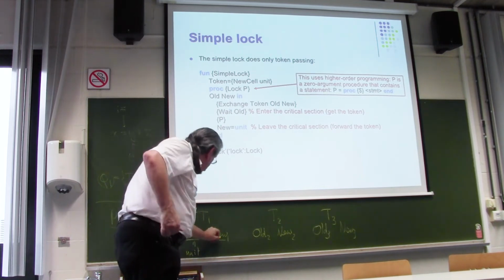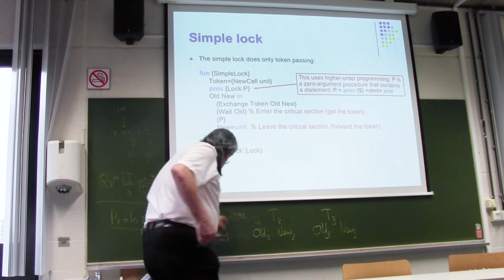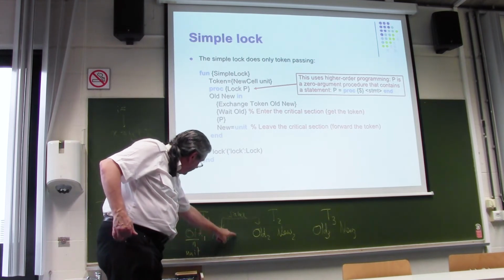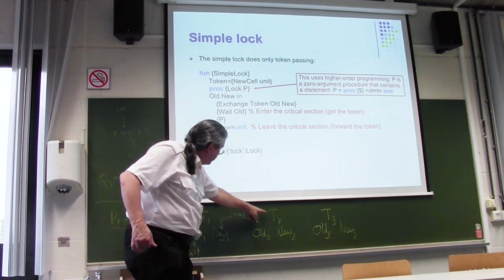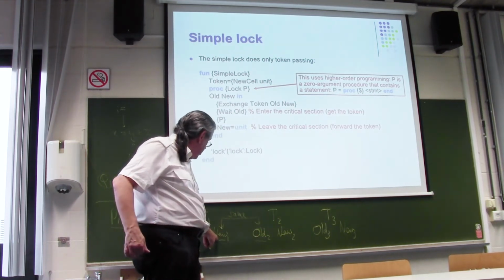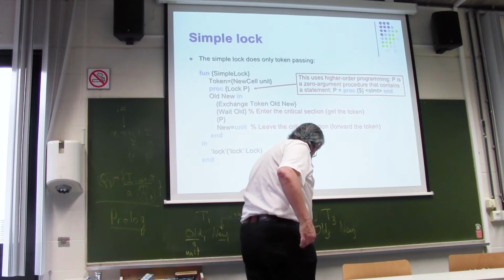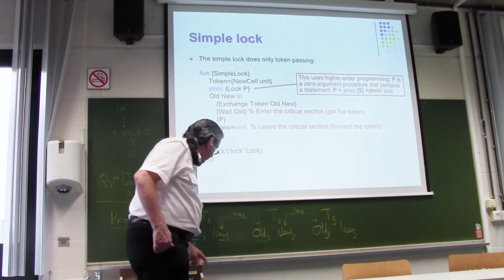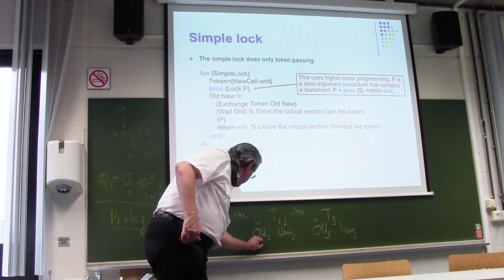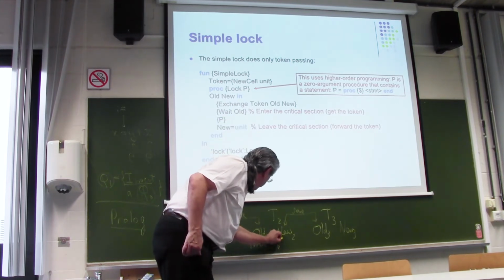So T1's new 1 is actually the same as old 2, because the thread T1 will now update the cell, and the content of the cell is now new 1. And now when the second thread tries to get in, it gets the content of the cell, which is old 2, but which is the same variable as new 1. So these will always be the same. And notice this is unbound, so it does a wait here, wait of old 2.